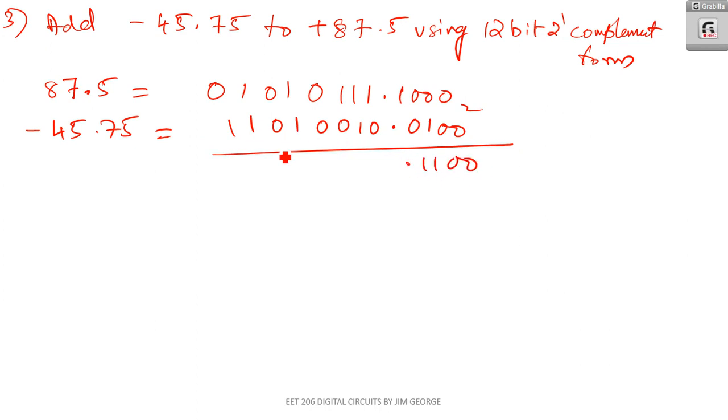Okay. And if you are adding these two, you will get it as 0.1100. 1 plus 0 is 1, 1 plus 1 is 0 with a carry 1, 1 plus 1 is 0 with a carry 1, 1 plus 1 is 0 with a carry 1, so here you will get a carry. Okay. So this is the carry, so we can ignore the carry.